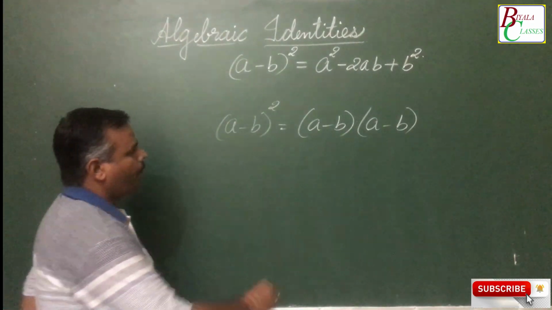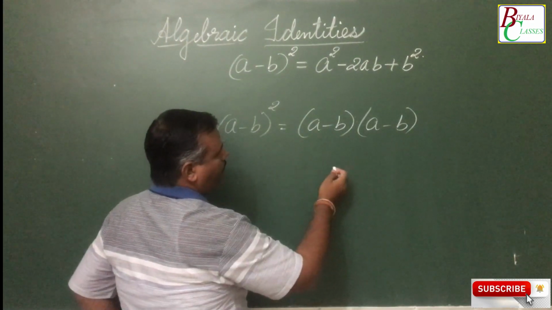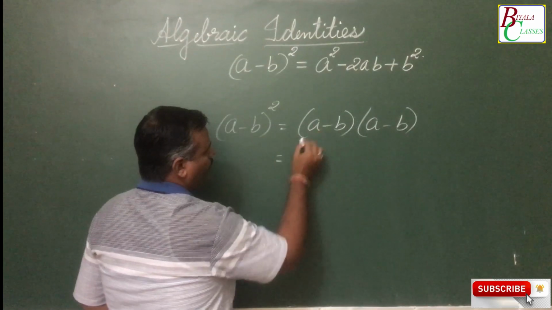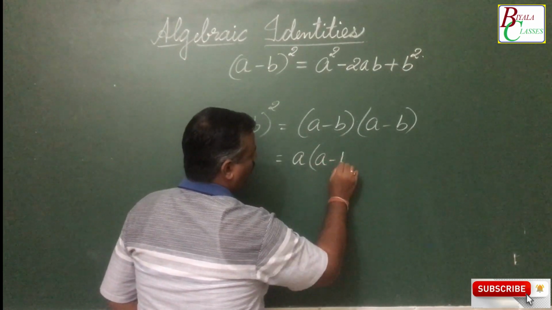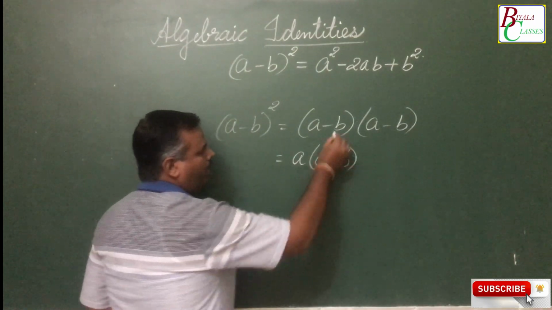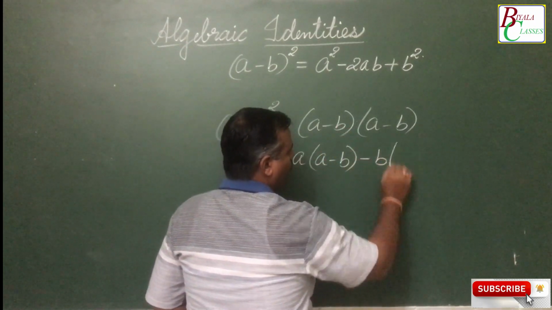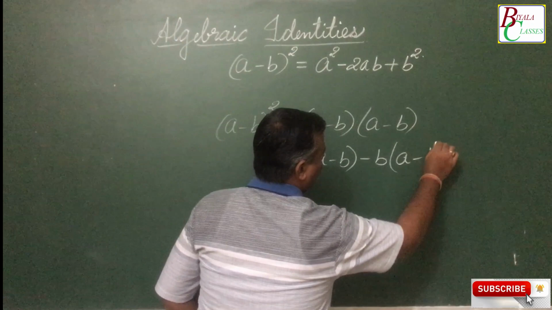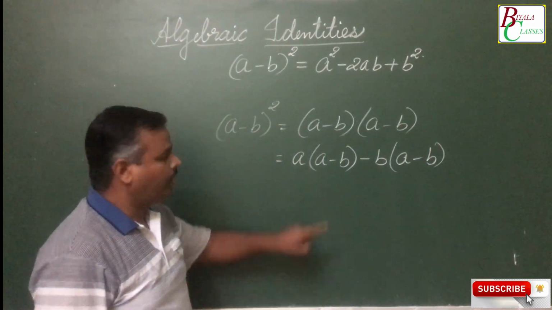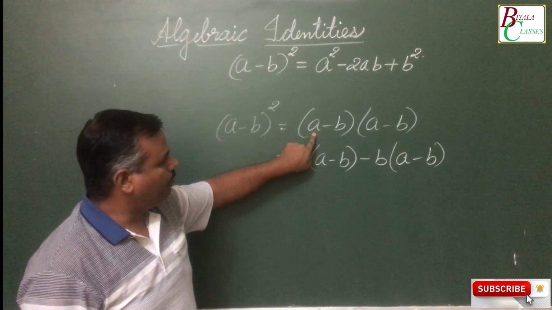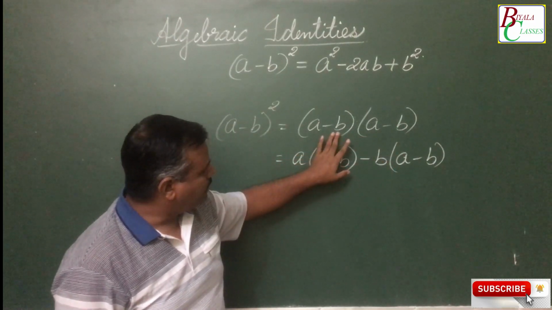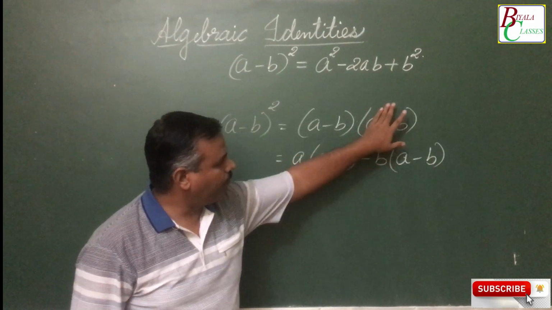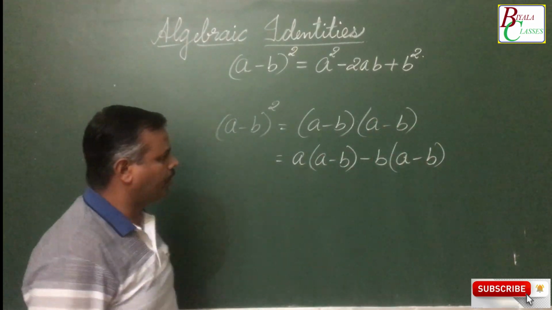So here, when we are multiplying a minus b with a minus b, a will be multiplied by a minus b, and minus b will be multiplied by a minus b. That is, the first term of the first binomial will be multiplied with the second binomial, and the second term of the first binomial will be multiplied by the second binomial.